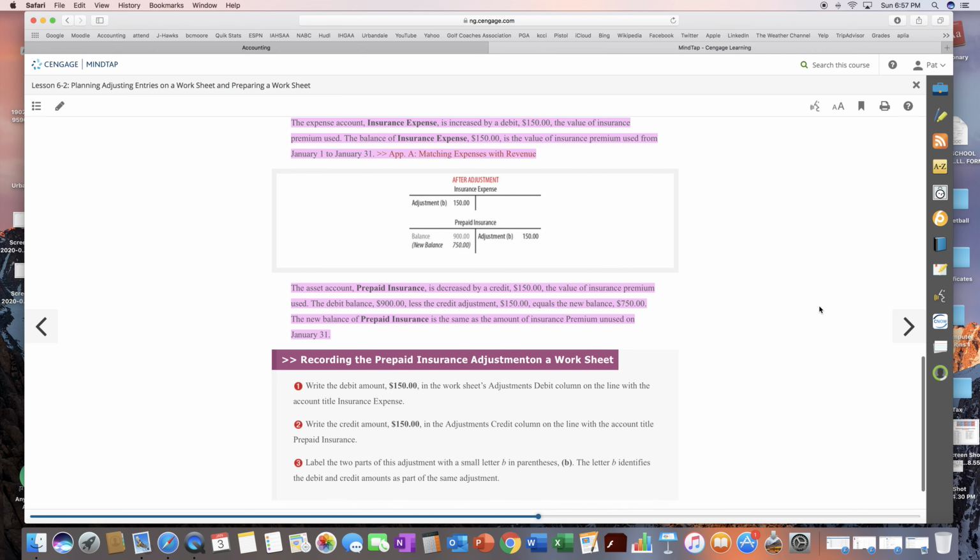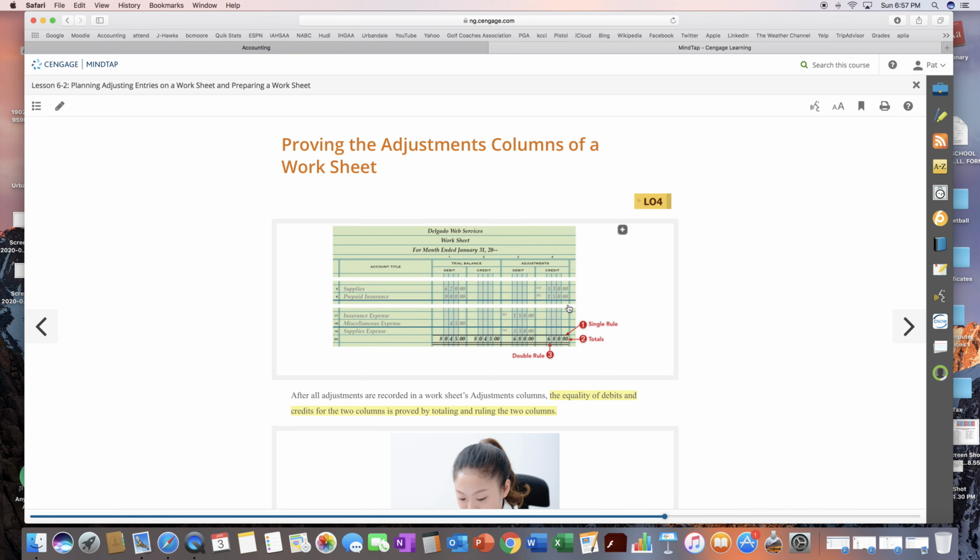And so on the finished copy, again, we're not showing you a full picture, but you can see supplies, insurance expense, prepaid insurance, supplies expense. The two expense accounts didn't have a balance. These had their original balances. After looking at it, we need to update it, and so we need to show these adjustments.